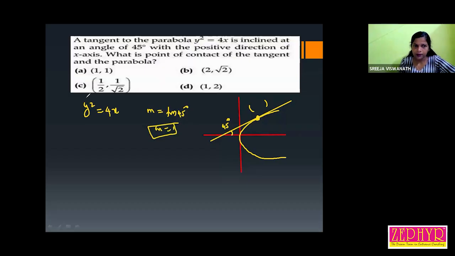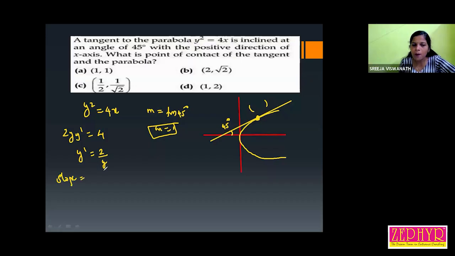And from the equation of the curve, the slope of the tangent is y dash. We differentiate on both sides: derivative of y squared, 2y into y dash equals 4. From here, y dash equals 2/y. This is also the slope.